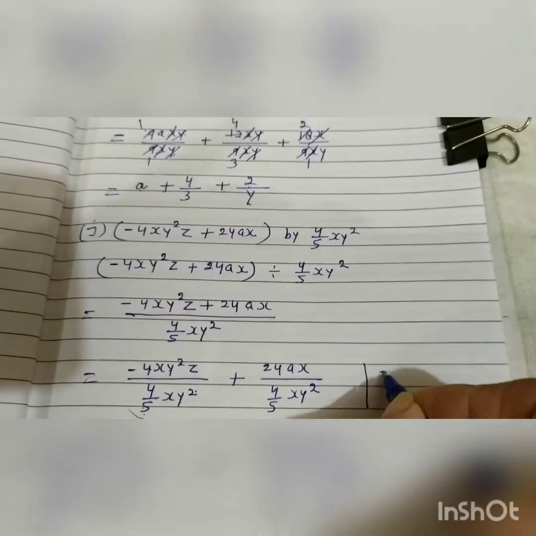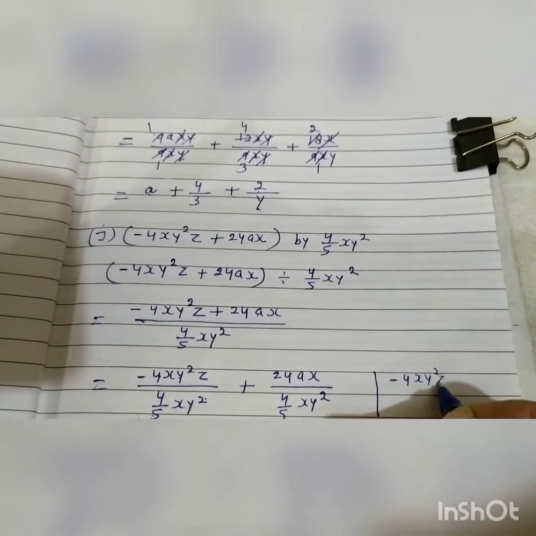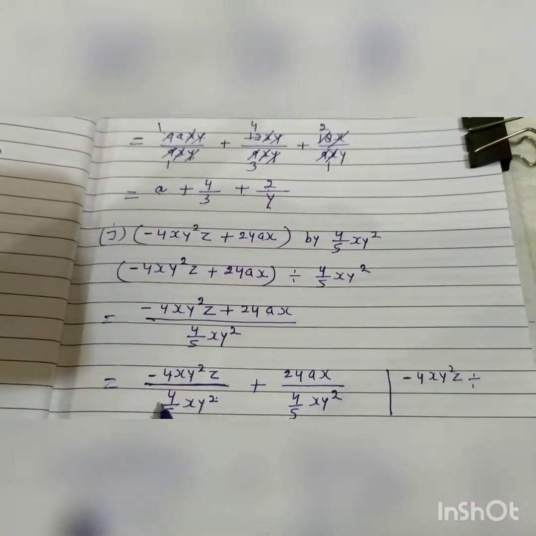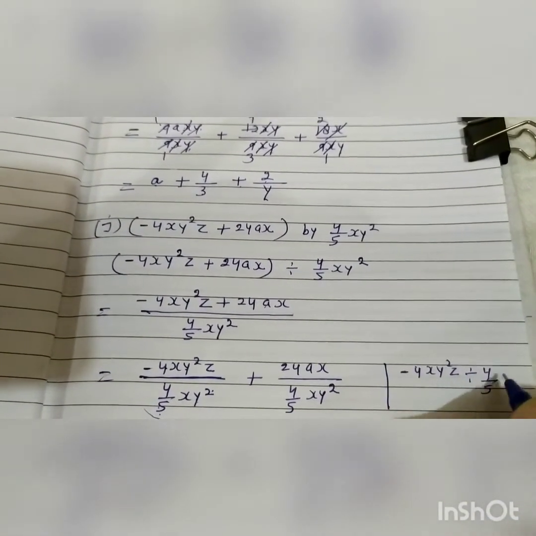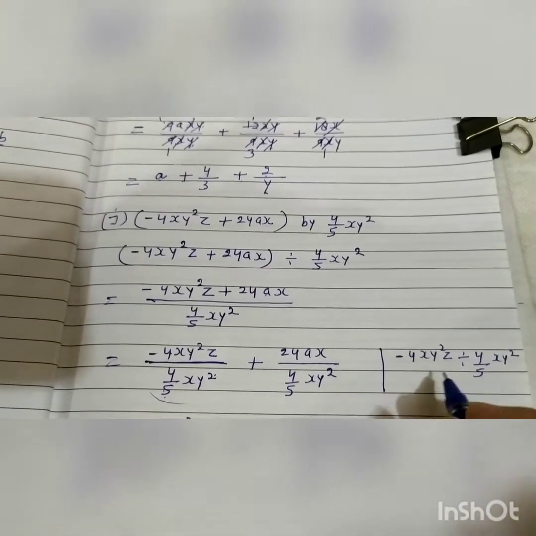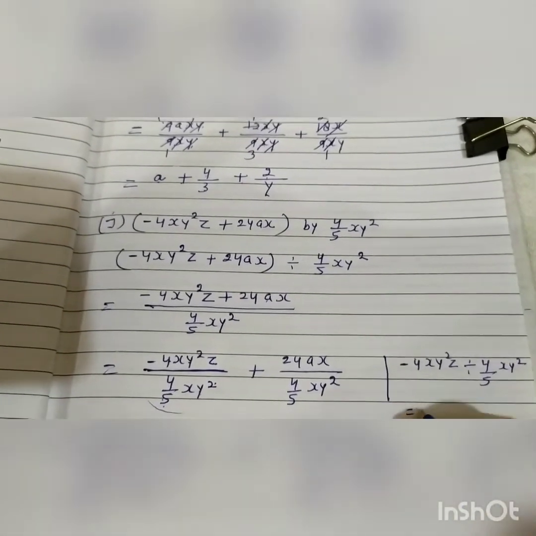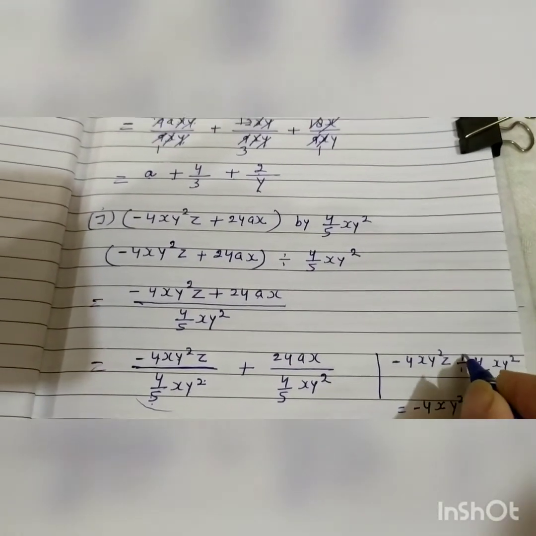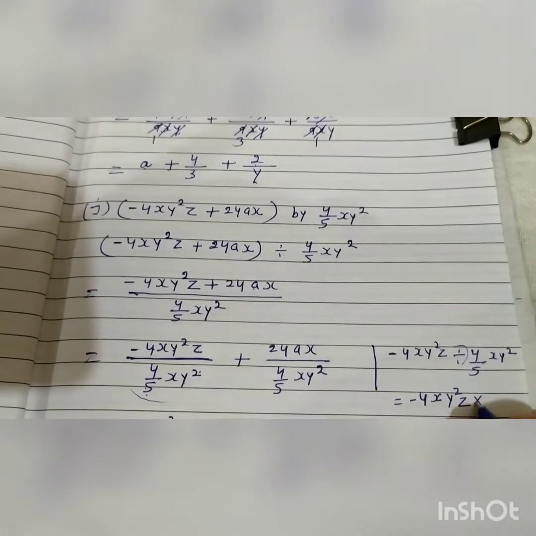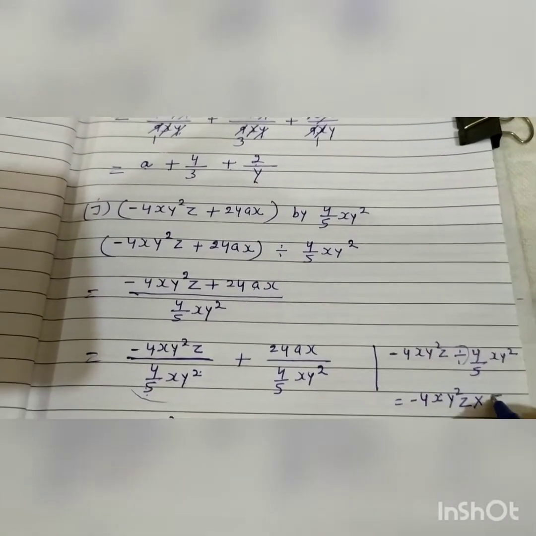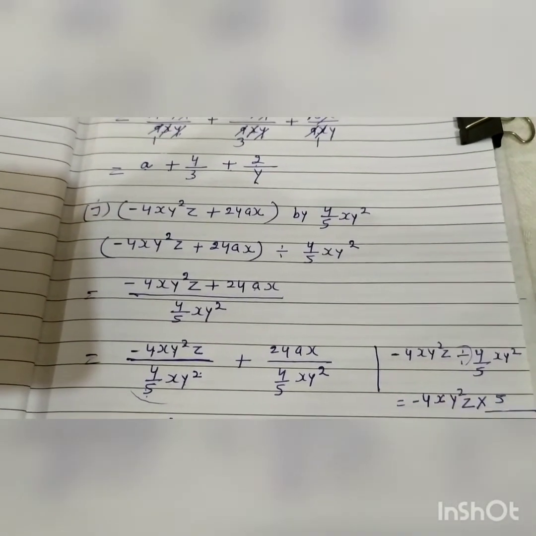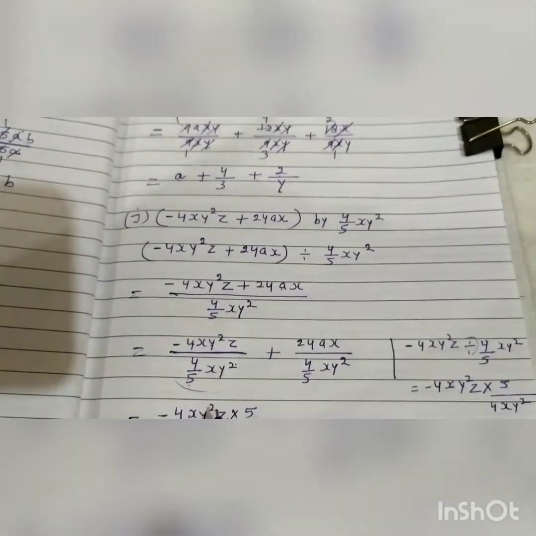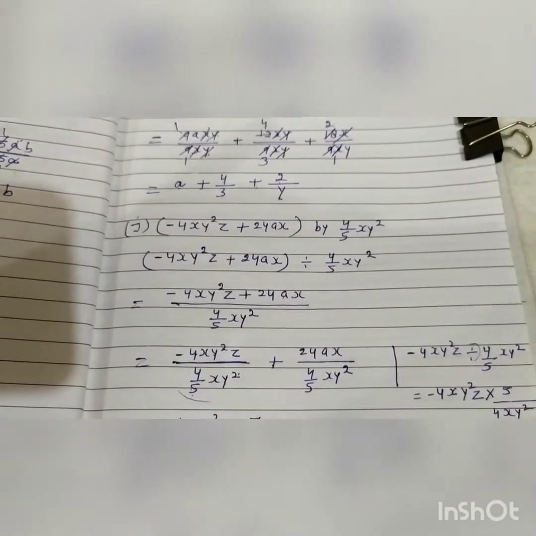It means minus 4xy square z divided by 4/5 xy square. When we write it like division, this divide sign will change to multiply and we will write its reciprocal. It will be 5/4xy square. So we have written this one, plus sign.